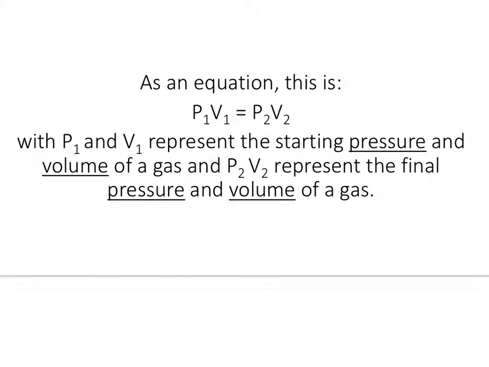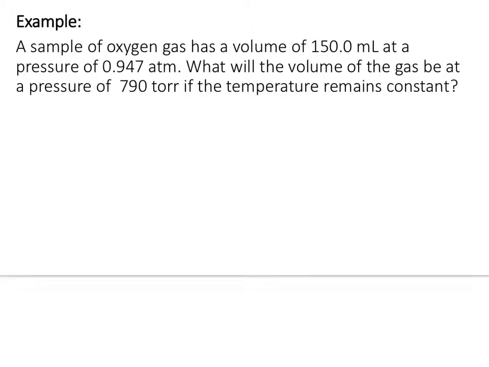Let me give you an example. So, a sample of oxygen gas has a volume of 150 mL at a pressure of 0.947 atm. What will the volume of gas be at a pressure of 790 torr if the temperature remains constant? So, we're dealing with pressure and volume. So I'm going to start by writing P1, V1, P2, V2. It doesn't really matter which one is 1 and 2, just pair them up correctly.